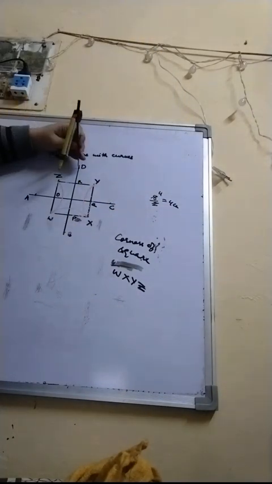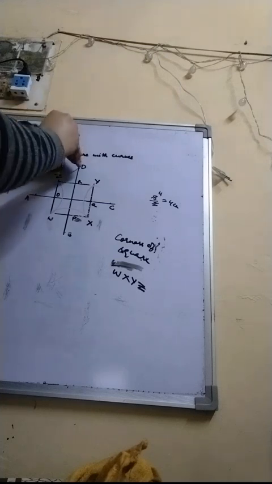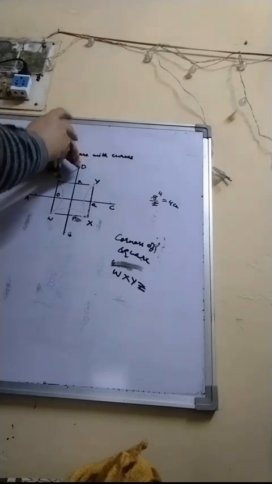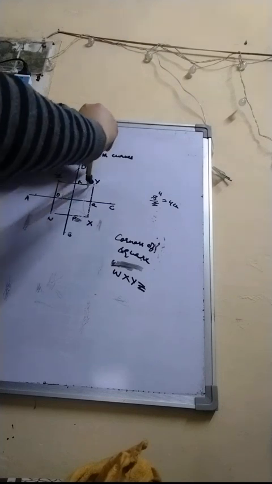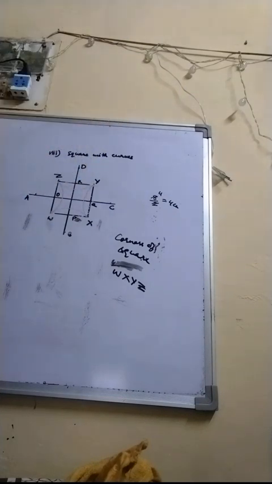Then at D, open till Z and draw the arc like this. So you would get equal bulging of the arcs from these points.